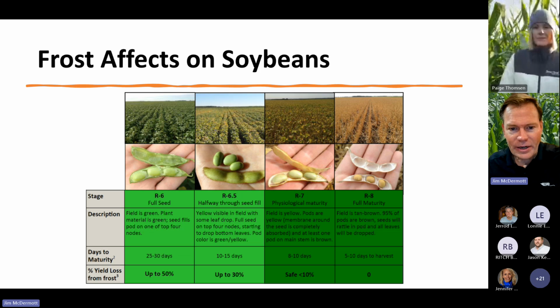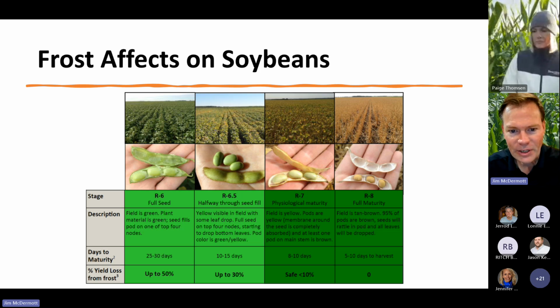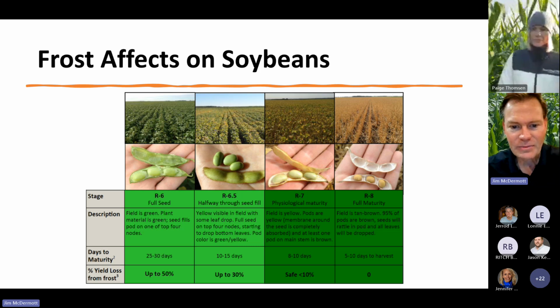And then on the frost side there too, some pretty wide ranges on soybeans. Partly because there can be an effect on seed size, but even at R6, you can say up to 50% yield loss. To me, that would be to the extreme at an R6 stage, but it shows the potential. Once we're starting to get through seed fill and we're starting to see a little bit of color change, we still have the potential to hurt that seed size mainly.